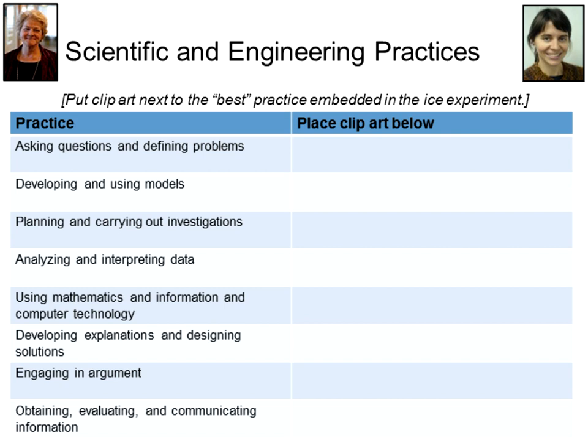What do you think was the best practice in this activity that we just had? Do you think it was a practice that would really help kids understand how to ask questions and define problems? Do you think it was something for developing and using models, etc.? And I see some of you are already starting to mark it, so Bryn, I'll turn it back to you.